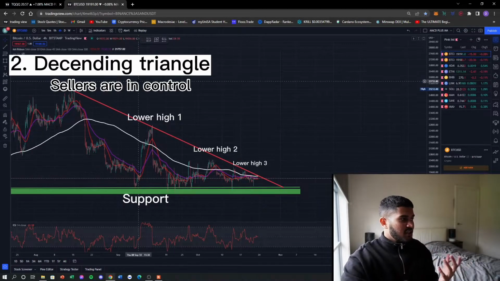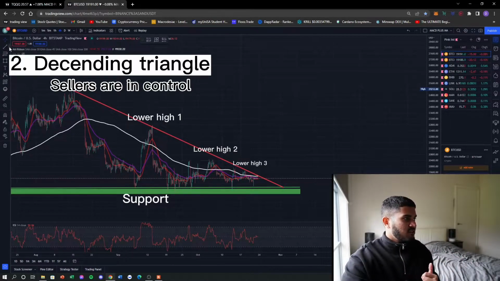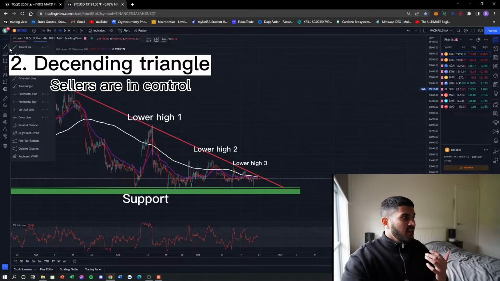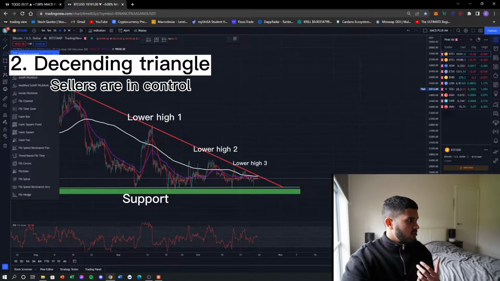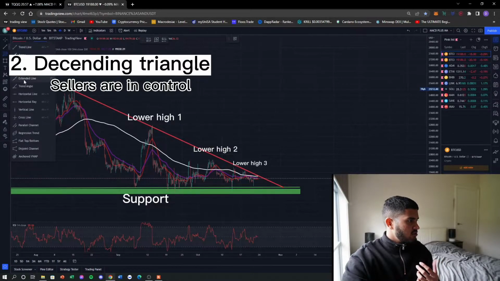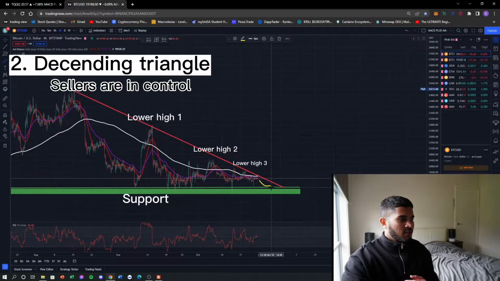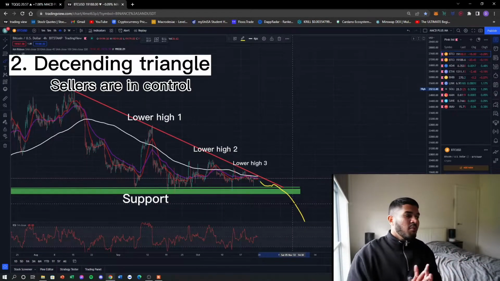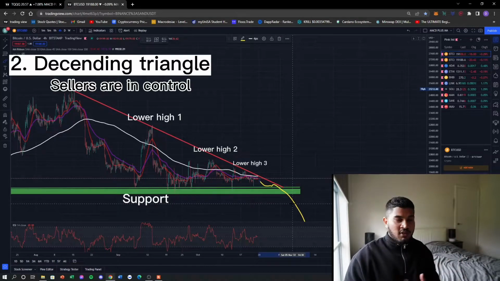What usually happens in a descending triangle after the triangle is broken? It could lead to a price fall easily. Let's just draw it on our chart. One typical pattern is the price just basically falls, just like the yellow line signifies. It's not gonna fall exactly like that, but typically that's how it's supposed to work.